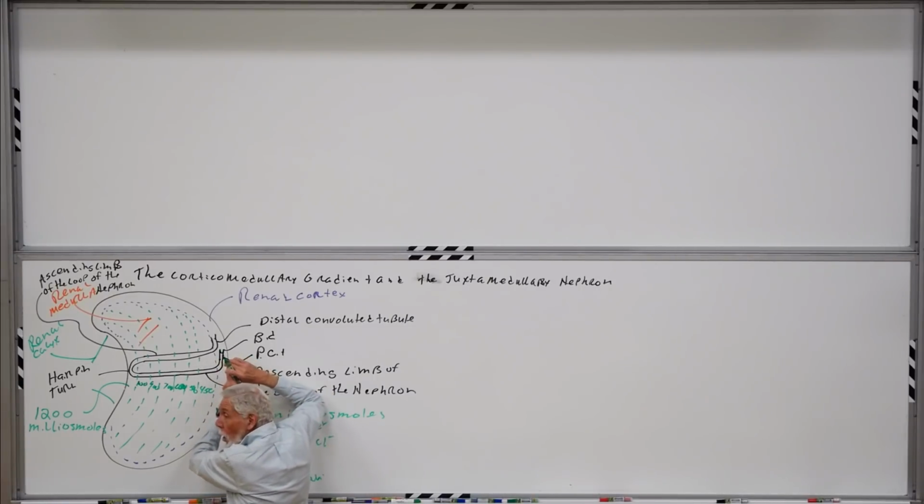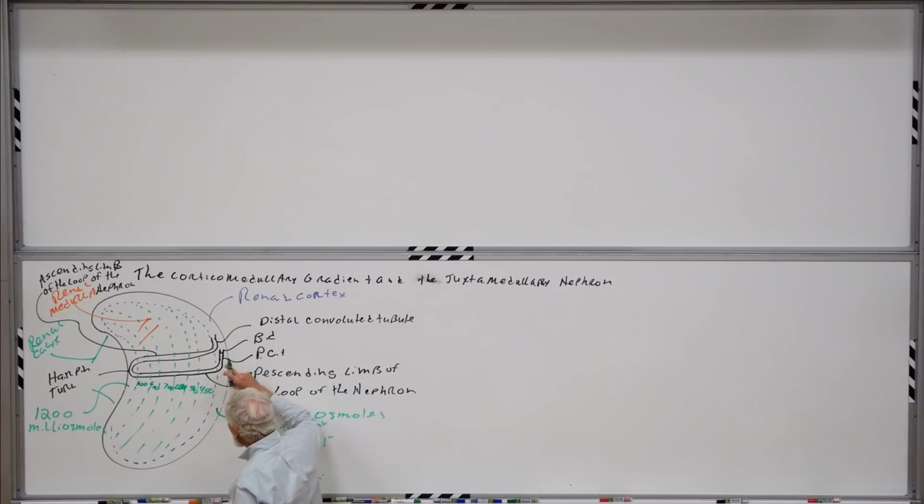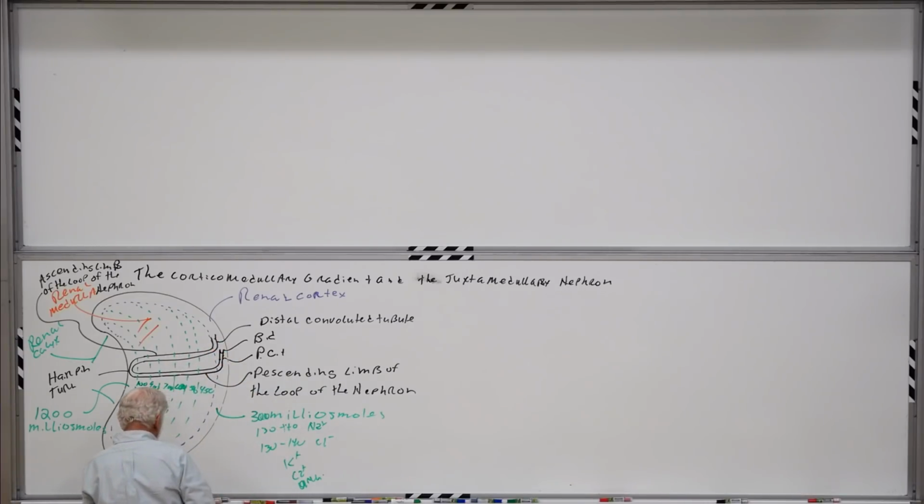And now, embedded within this corticomedullary gradient is this tube of epithelial cells, extending from the proximal convoluted tubule to the descending limb to the ascending limb to the distal convoluted tubule. And then I'll draw it in here, but I want to put it in a different color.